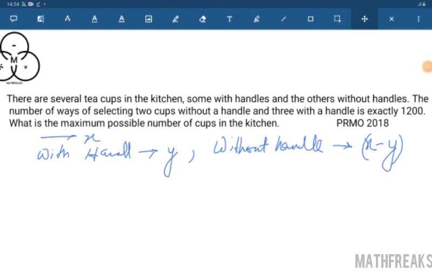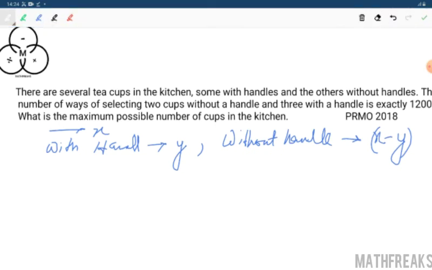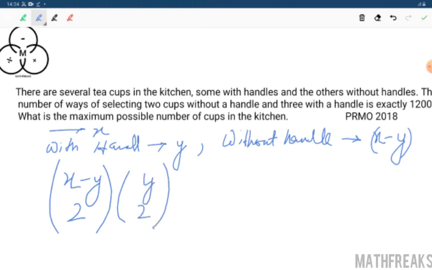We select 2 cups without a handle: x minus y choose 2, and 3 with a handle, which is exactly 1200.